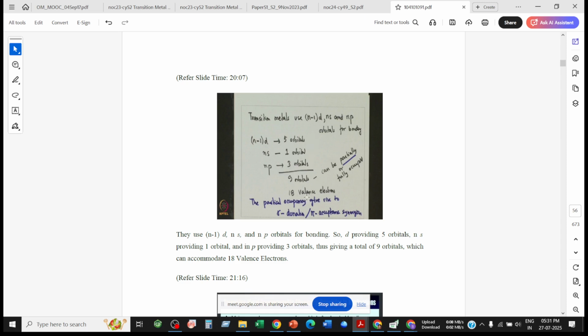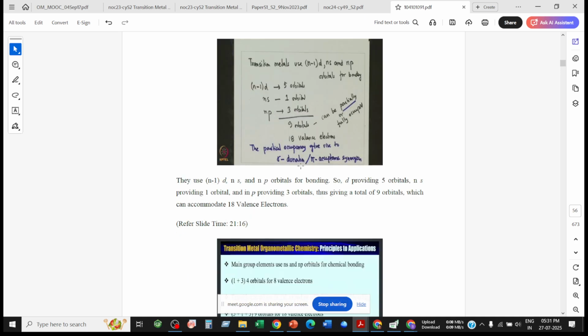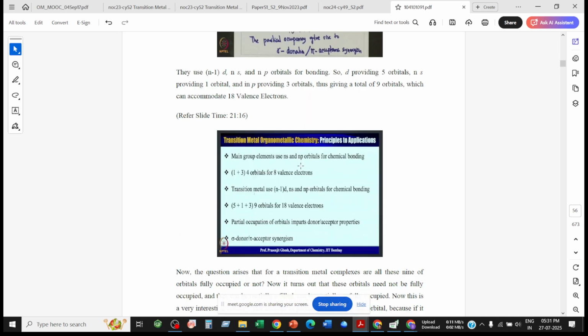If all the orbitals are filled, these are all bonding orbitals, which is why we stop at 18. When we have an extra electron, we have to put it in an anti-bonding orbital, and that is why the compound becomes unstable.